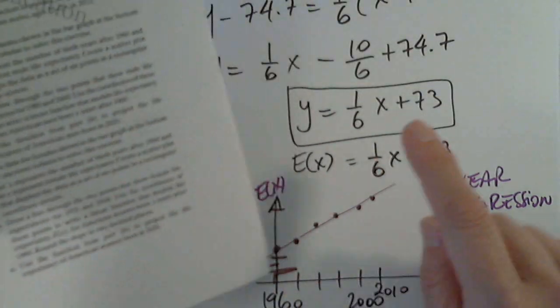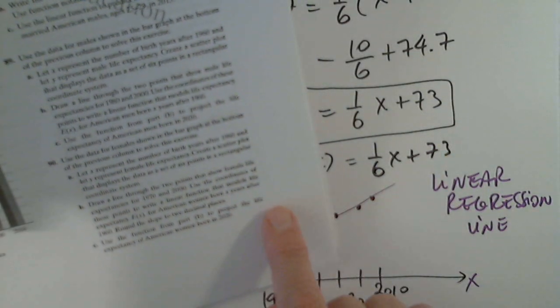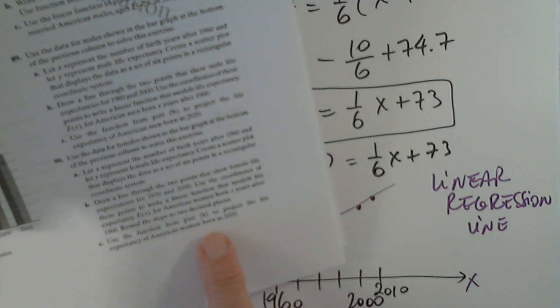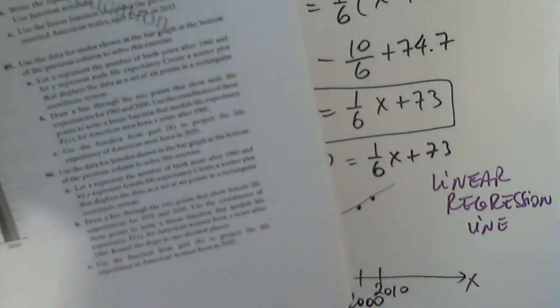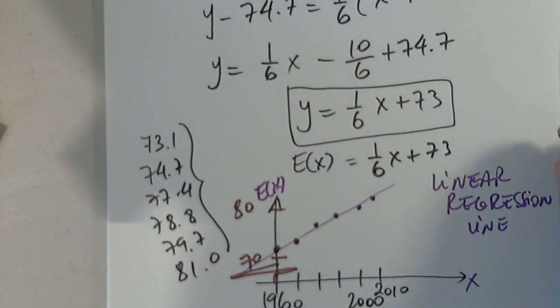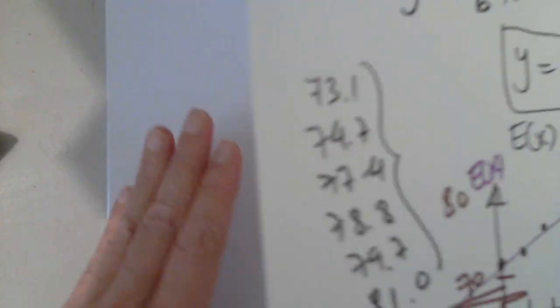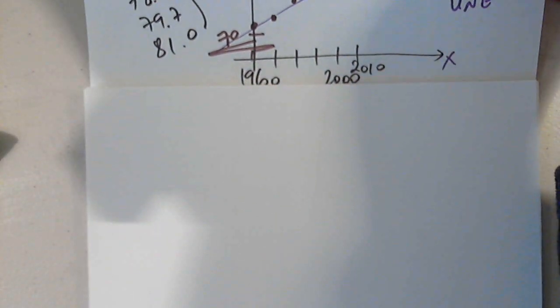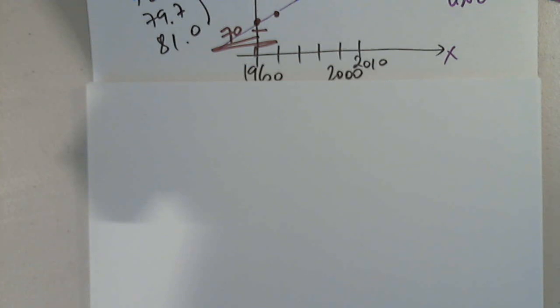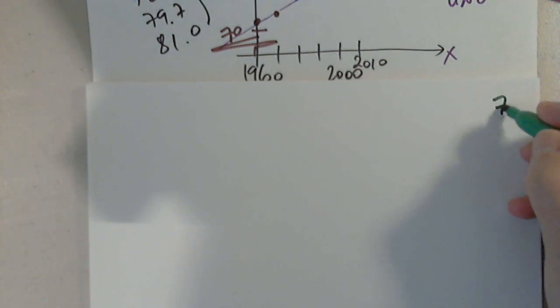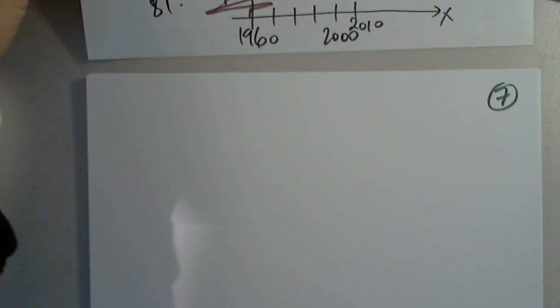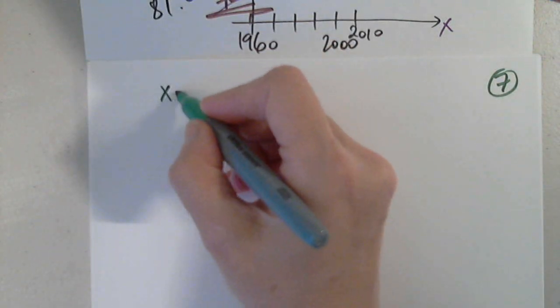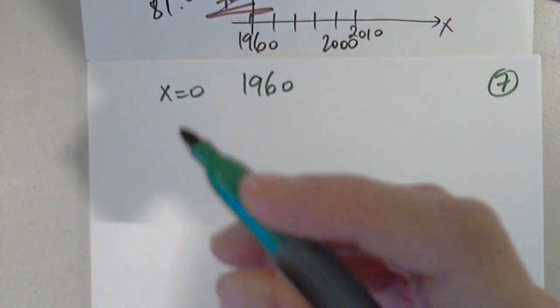Use the function from part B, what we just determined, to project the life expectancy of American women born in 2020. Very good question. So we want now to predict 2020. So we know that x equals 0 represents 1960.